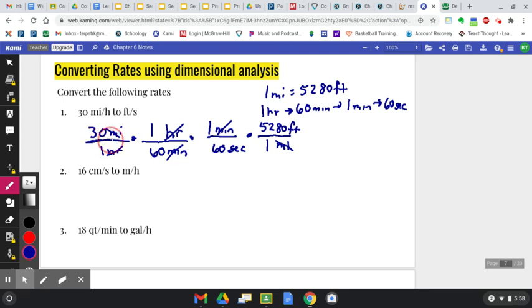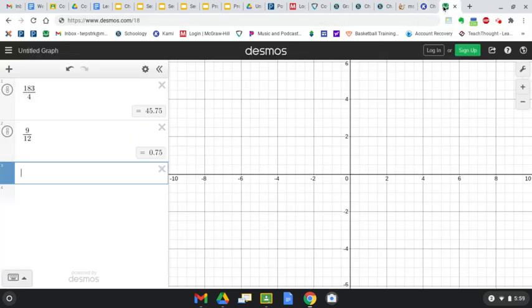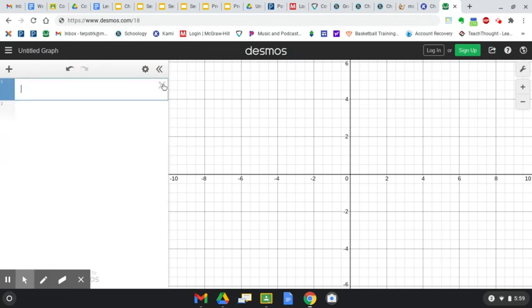Remember, fractions multiply straight across. So on the top, I'm going to have 30 times 5,280. So I can do 30 times 5,280. So on the top, I have 158,400.